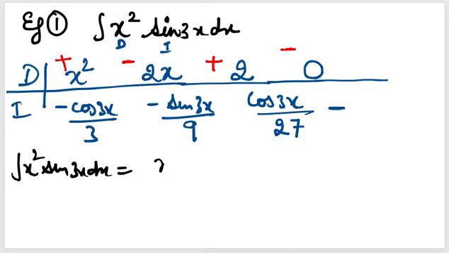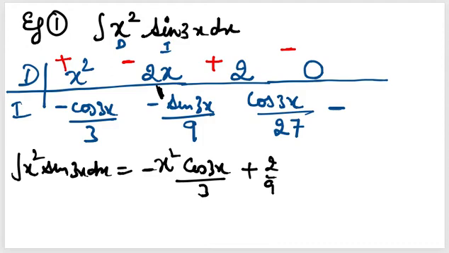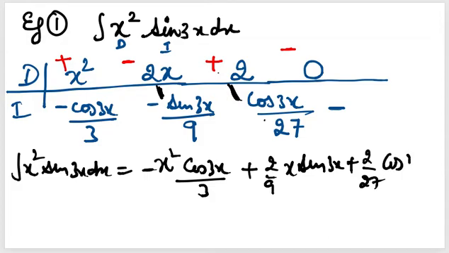The first term is x square times minus cos 3x by 3, here minus minus becomes plus, and I have a 2 by 9 as a number because I am just looking at these two terms multiplication, x into sine 3x, and then I'll see this one, this is positive, so answer is again positive. Sine I have already written on the top, so it is 2 by 27 cos of 3x.